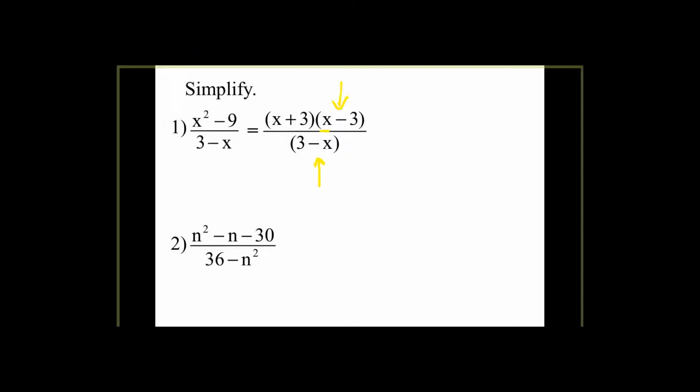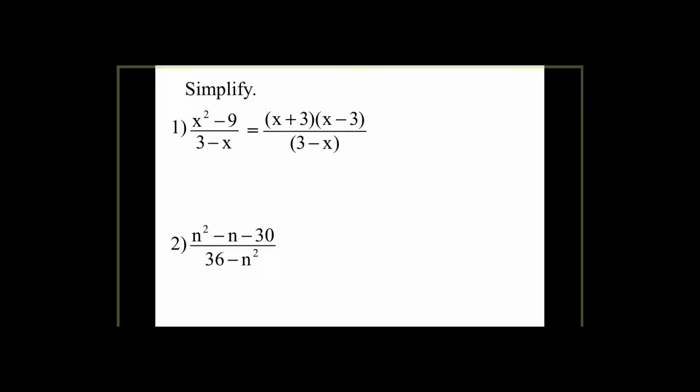X is positive and here x is negative. 3 is positive and 3 is negative. They're exactly opposite. If both terms are exactly opposite, then what I can do is just rewrite it as a factor of -1 and its opposite.